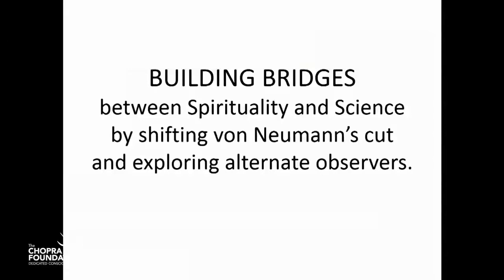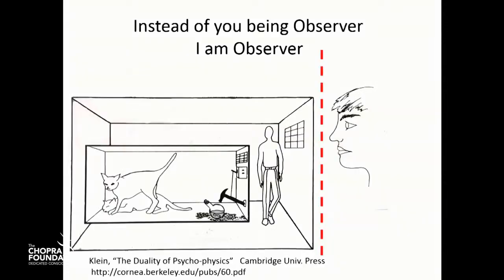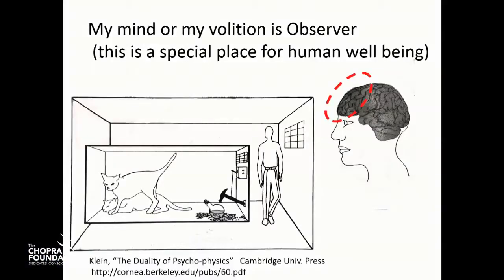But instead of all of you being observers, it could be that I am the observer, and all of you are in my mind. That's legitimate. And then it can even go a step further: not just me, but my brain, and the front part of my brain is where volition is, a special part of the brain.